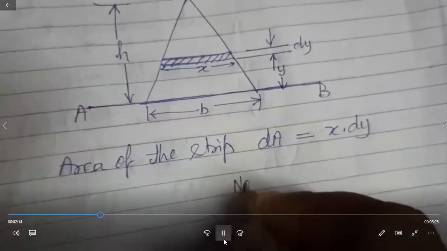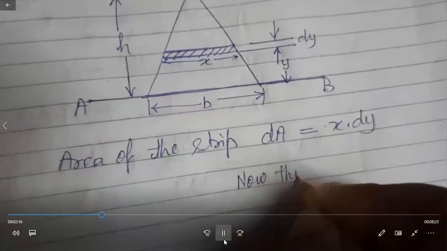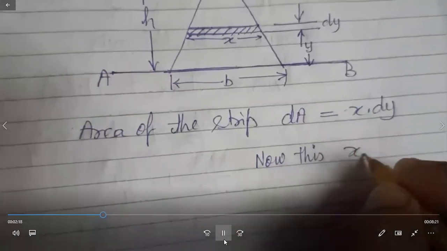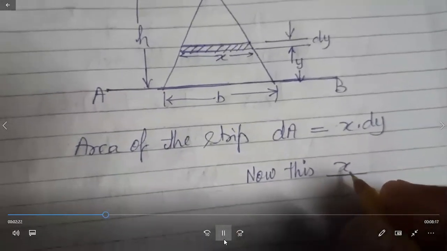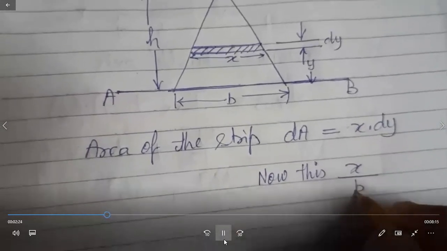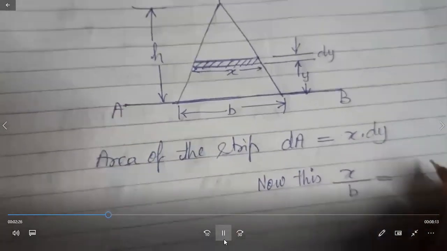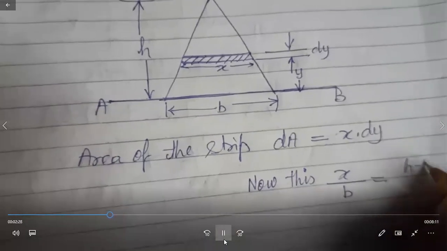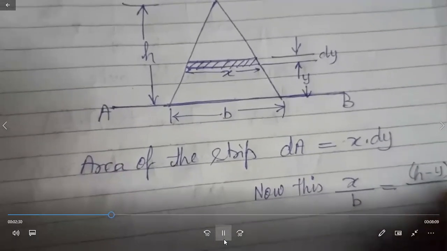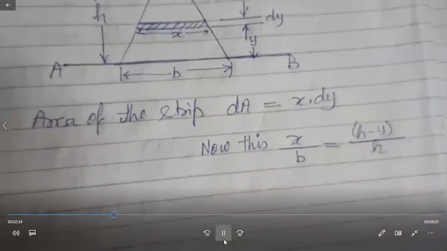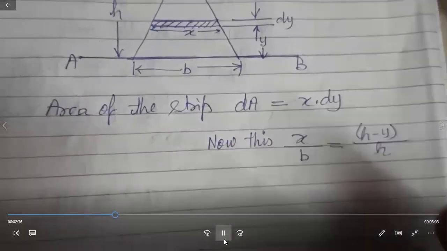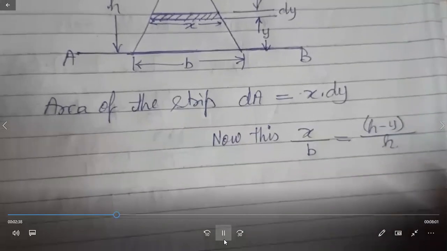Now this x, by the similar triangle method, x upon b is equal to h minus y upon h, ratio of the similar sides.